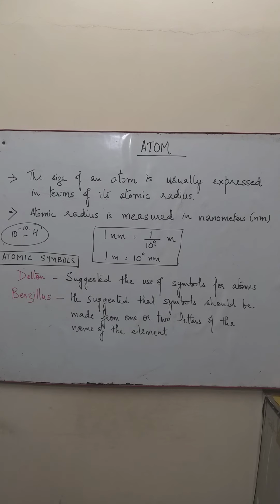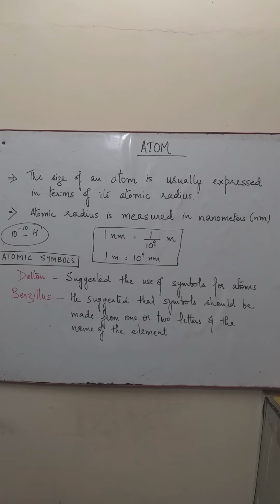He suggested that various elements can be represented by definite symbols. The symbol represented one atom of that particular element. One symbol for each element made it easy for everyone all over the world to refer to it as that particular element.